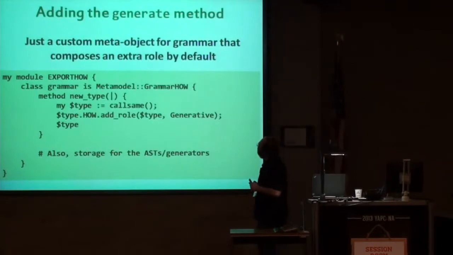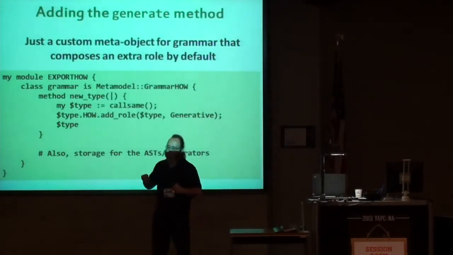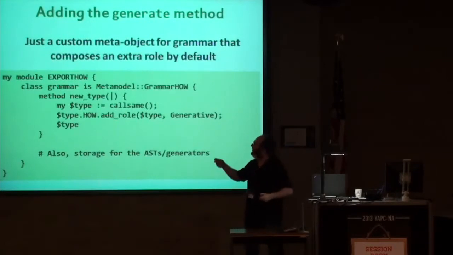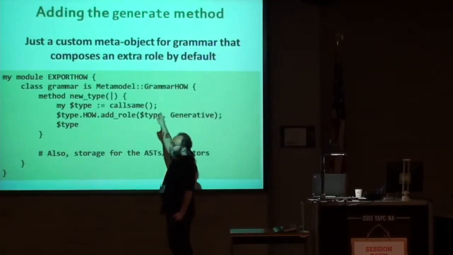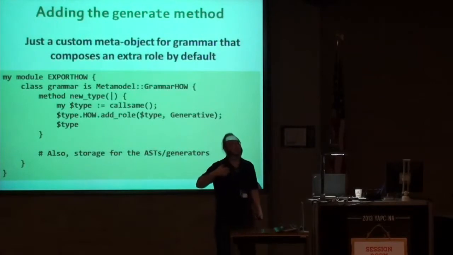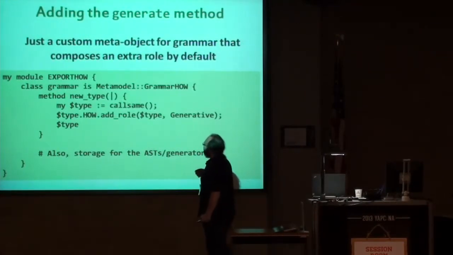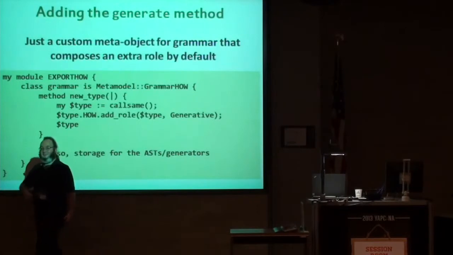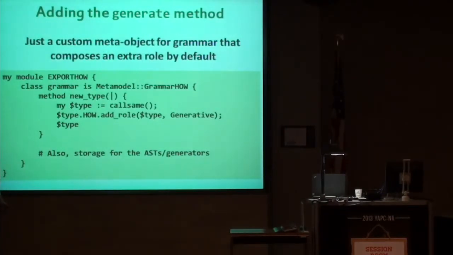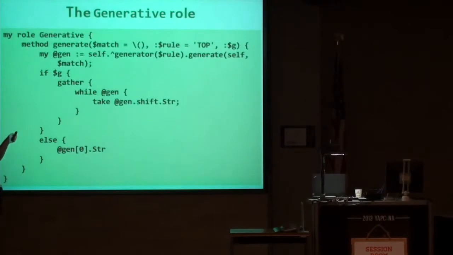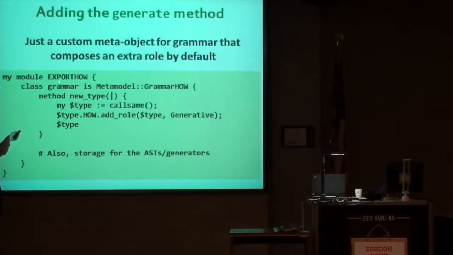Okay, so let's do something less naughty but still kind of cool. So what we'll do now is we kind of realize that we need that generate method. So what I'm going to do is I'm actually just going to take the default meta object for grammars. This is the object that says how grammars work. And it turns out that a really cute idiom for sort of tweaking the way certain keywords work is we go into the module EXPORT::how, and if you write a class called grammar, then this is how you can actually say how grammars are going to work differently.